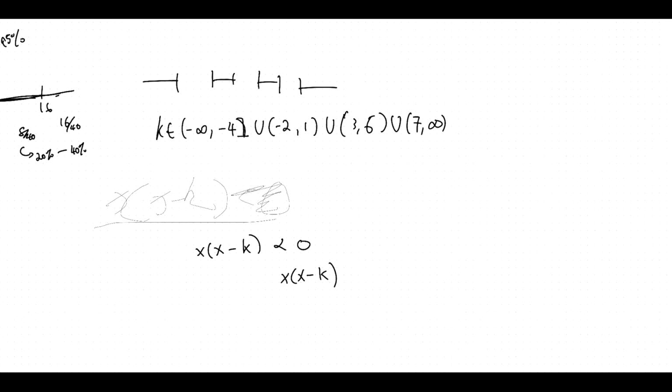And k squared greater than zero. But okay, so x times x minus k was one of the equations. If we find the discriminant of that, it would just be k squared, right? No, not just k squared.